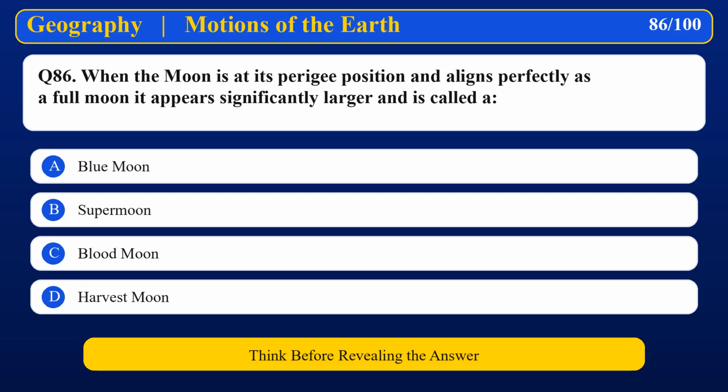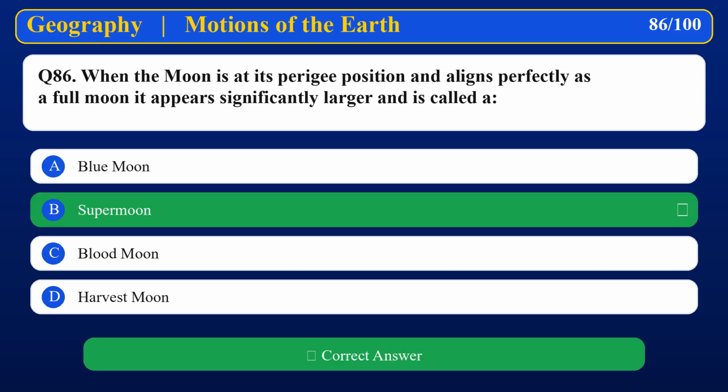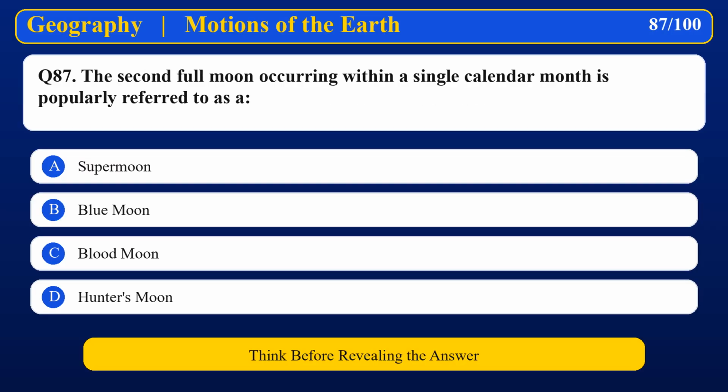When the moon is at its perigee position and aligns perfectly as a full moon, it appears significantly larger and is called a supermoon.